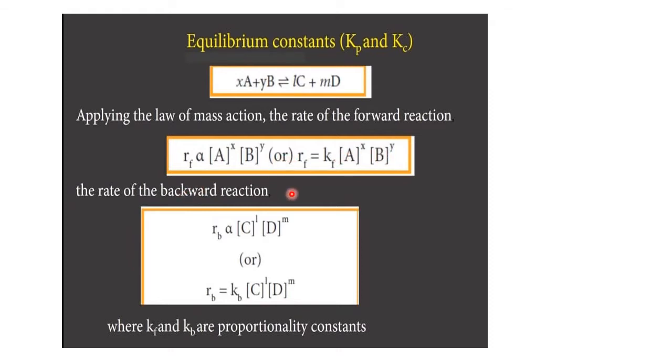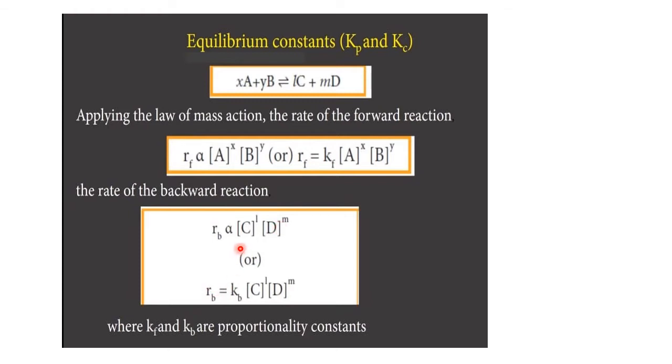Then for the backward or reverse reaction, the direction is right to left, so lC and mD, that is C and D, are the reactants. The rate of the backward reaction depends on the concentration of C and D. So Rb, the rate of the backward reaction, is directly proportional to [C] power l and [D] power m.